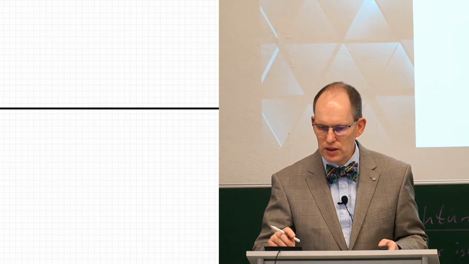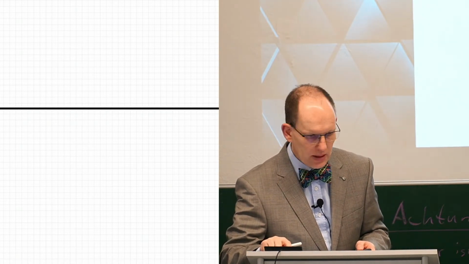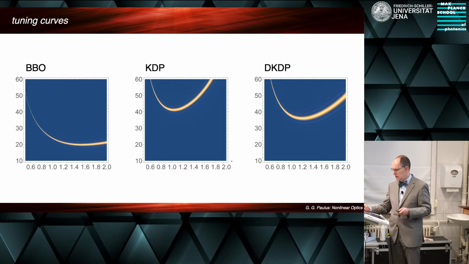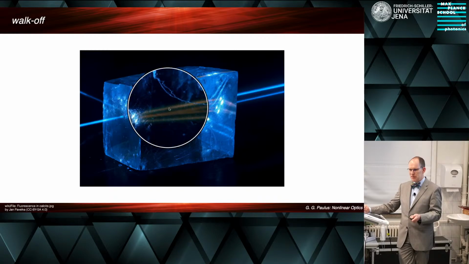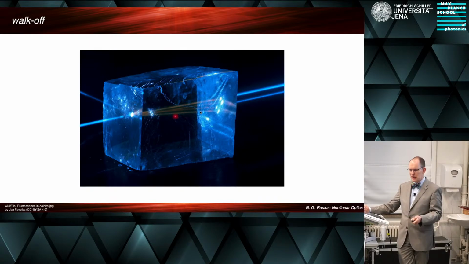So let me show quickly some nice photos somebody made for Wikipedia. It is referenced here, of course. And what you see here is, I think, calcite, and they use a blue laser beam here.